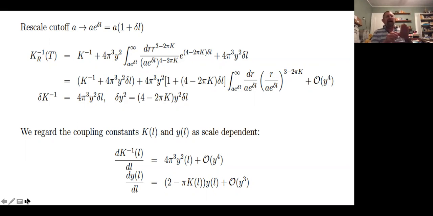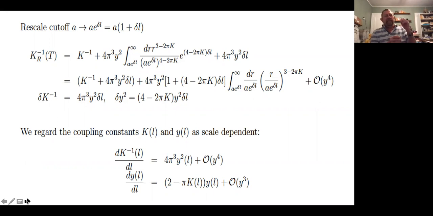Okay, now I have been a little bit hand waving here, because those of you who are paying attention may have realized that implicitly I've assumed that the coupling constant that occurs in the integrand, as a power, the original coupling constant k, becomes the new coupling constant k of L. Now, I haven't demonstrated that this actually works.